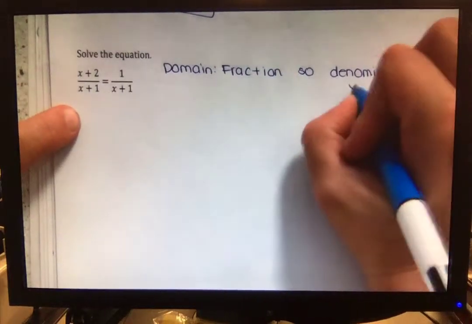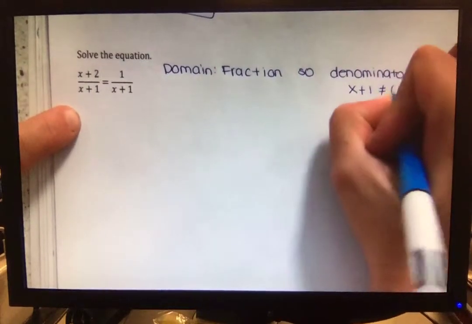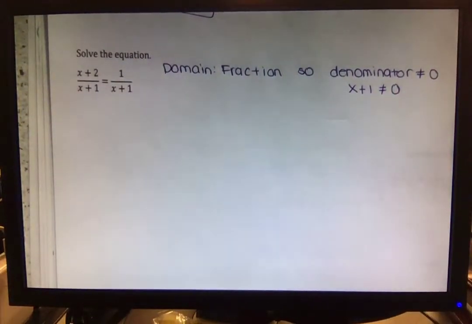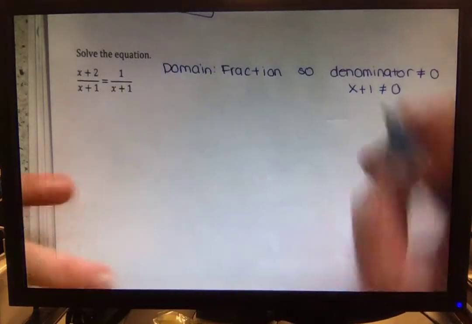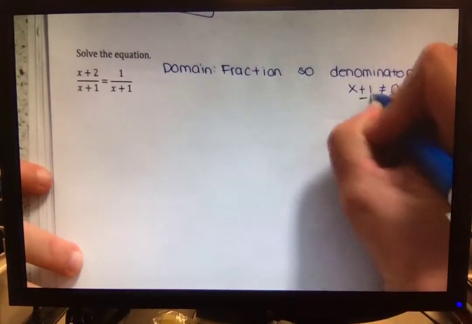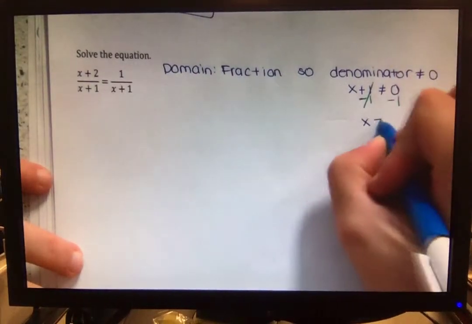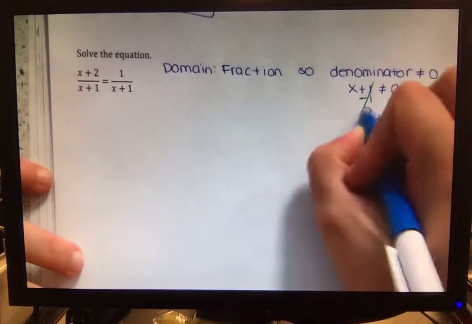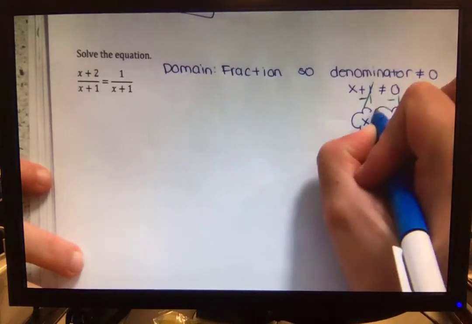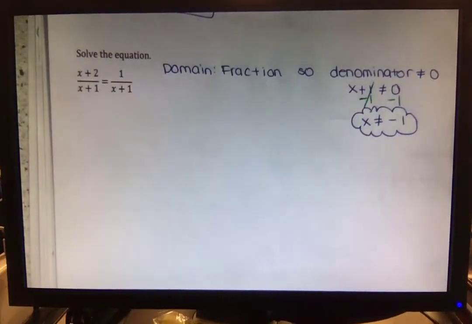Our denominator in this case is x plus 1, so x plus 1 cannot equal 0. Solving for x, we're going to subtract 1 from both sides, so x cannot equal -1. X can be anything else, it just cannot be -1. So we're going to leave that right there and come back to it in the very end.